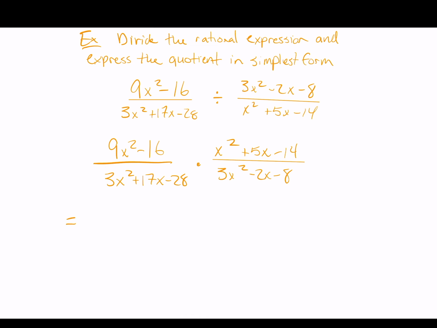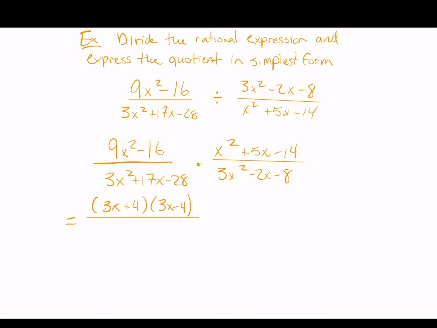The numerator is a difference of squares. So that gives us a 3x plus 4, because that's 4 squared, and a 3x minus 4 in the numerator. In the denominator, we need to look for the factors of 3 times negative 28 that add to 17. 3 times 28 is 84.